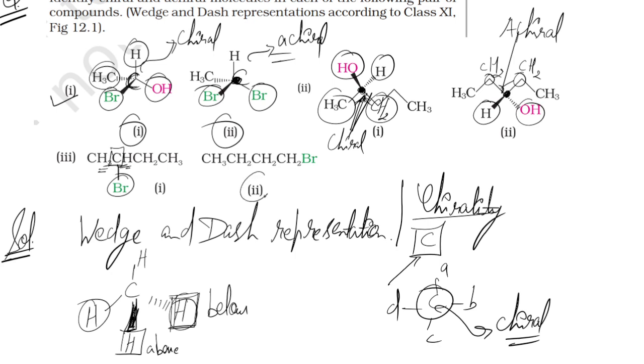But in the second case, this carbon is again connected with CH2. That's how we assign it. So the first is your chiral carbon, and this is your achiral. That's how we do this question on the basis of chirality. Thank you.